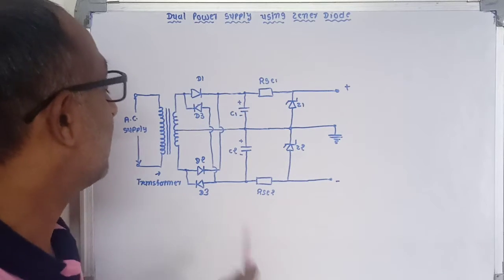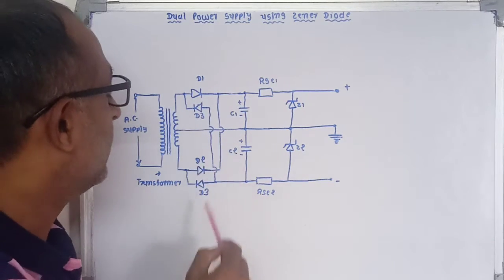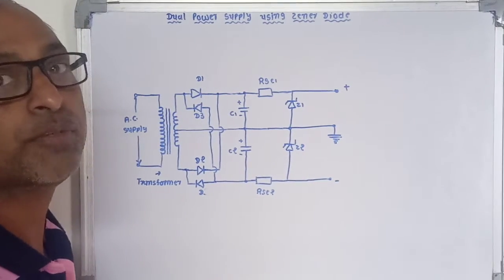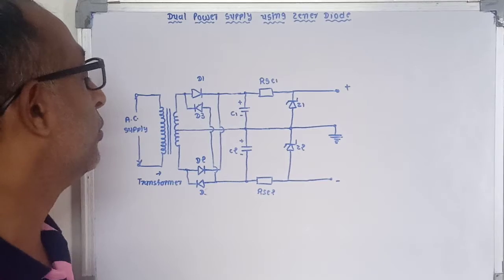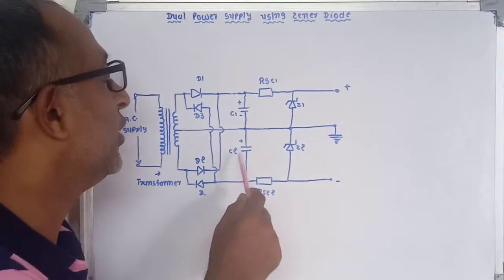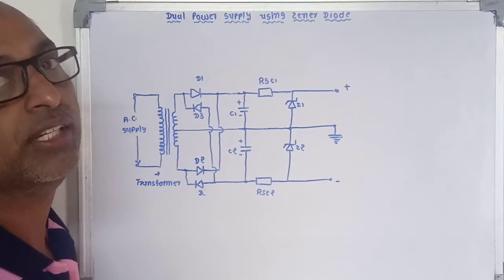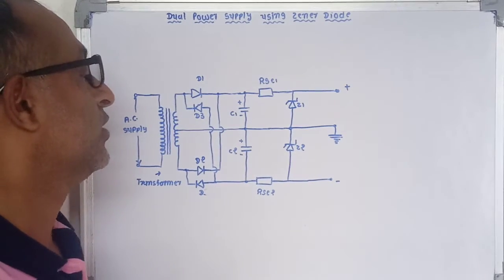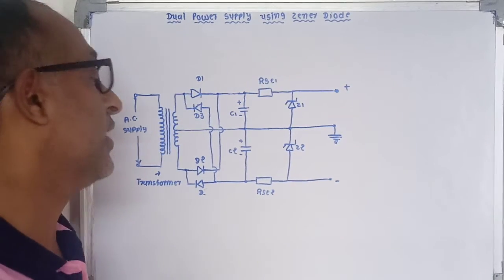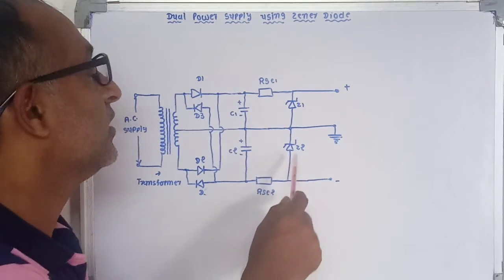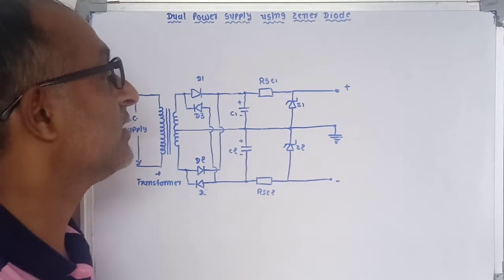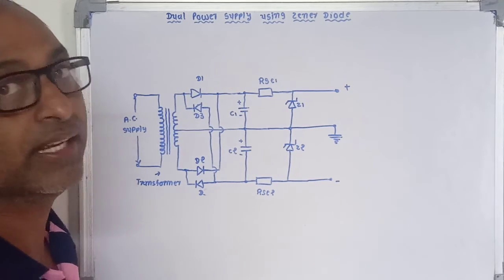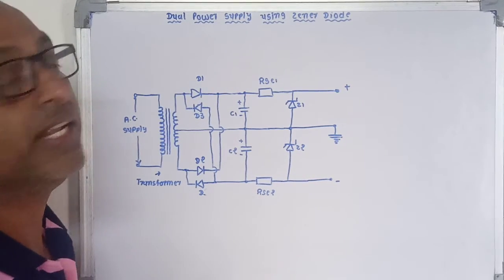Similarly, diode D3 and diode D4 provide negative output voltage, and capacitor C2 is used to remove the AC components present in the DC supply. Negative voltage regulation can be achieved by using Zener diode Z2 and RSC2. This dual type power supply is widely used in integrated circuits.